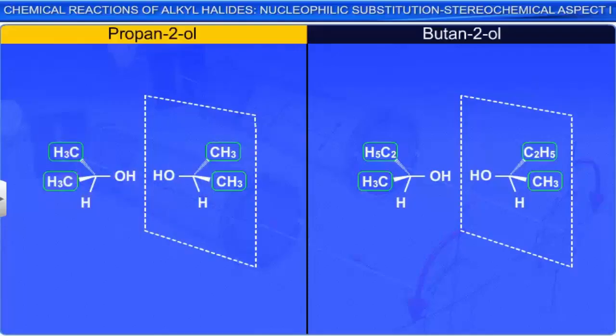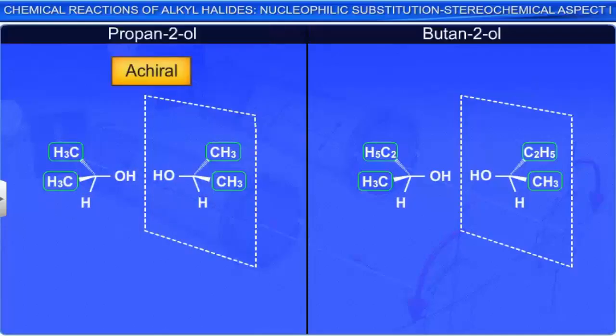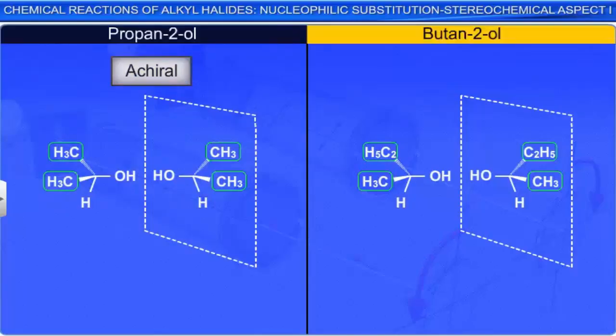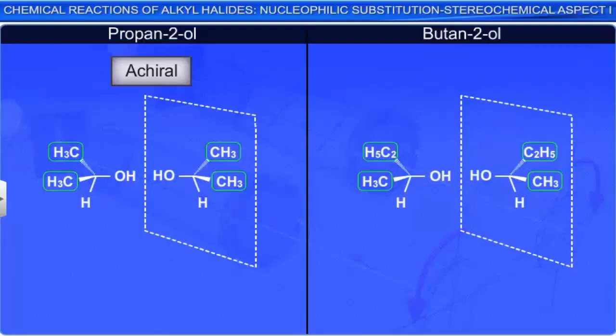Thus, it is achiral. However, butan-2-ol contains four different groups attached to the tetrahedral carbon. Hence, it is an asymmetric molecule and is expected to be chiral and optically active.